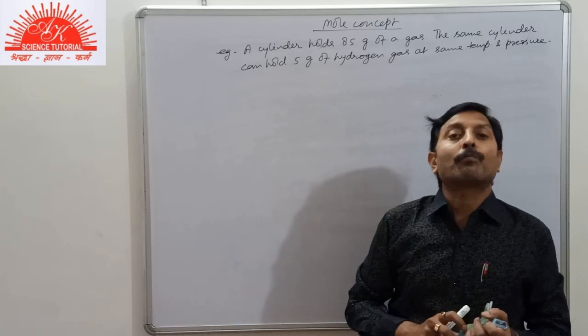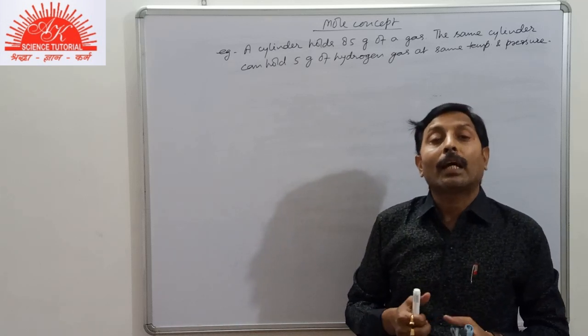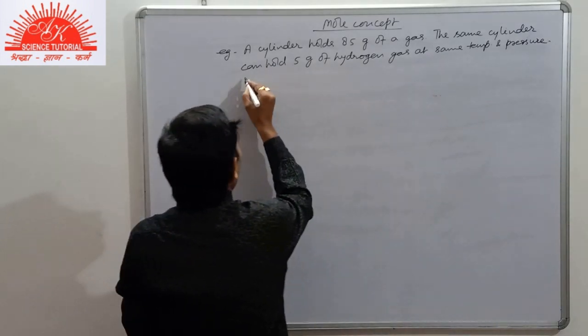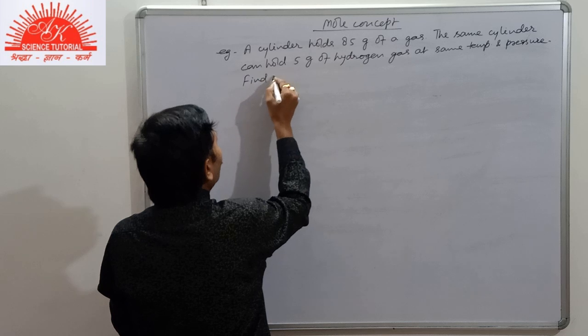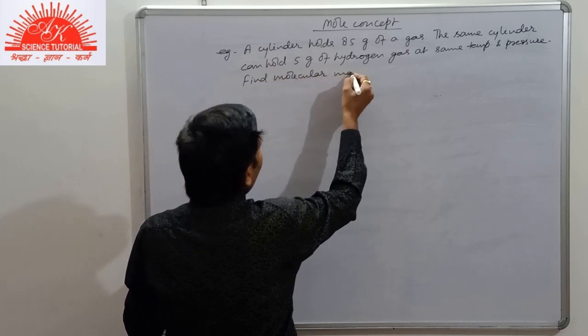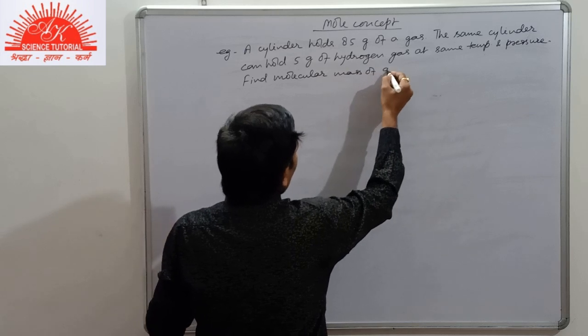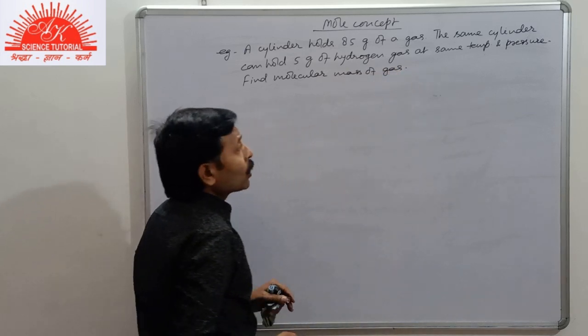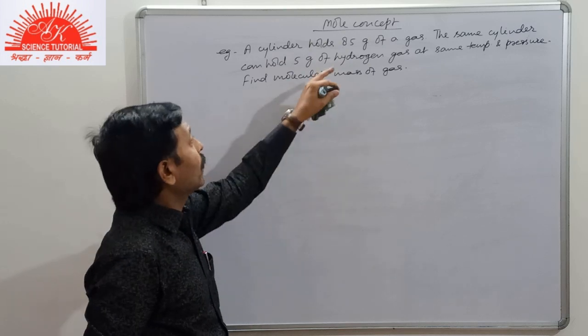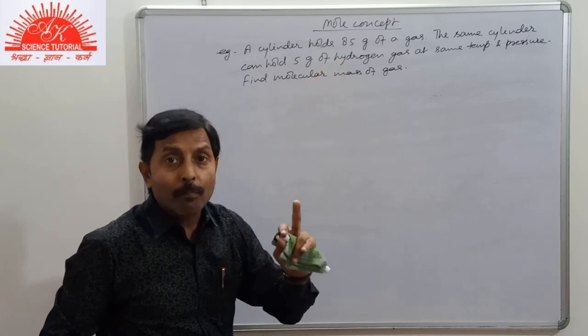Whenever in any question the mass of a certain volume of hydrogen is given, the first step required is to calculate vapor density. The question was to find the molecular mass of the gas. So first of all, go for the vapor density because there is hydrogen gas for comparison.